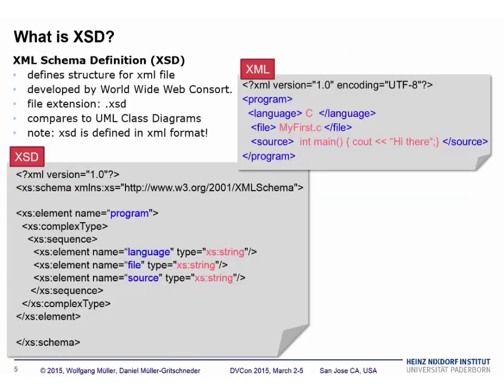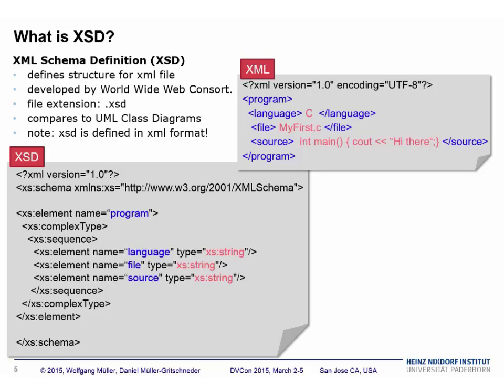The XML schema, in contrast, describes how to write such an XML file. This XML file has a special format, and this format is defined in the XML schema. In the schema, you say you have an element, the element program, and inside the element is described the type of this element.